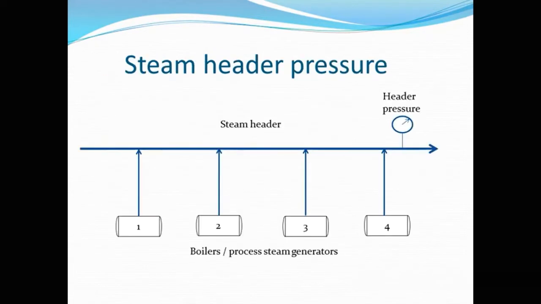This schematic shows a steam header being maintained at a pressure P, and four generators are supplying steam to the header. Now assume that one of the boilers tripped. So the steam input into the header will come down, but the users of steam will keep on using the steam at the original level.